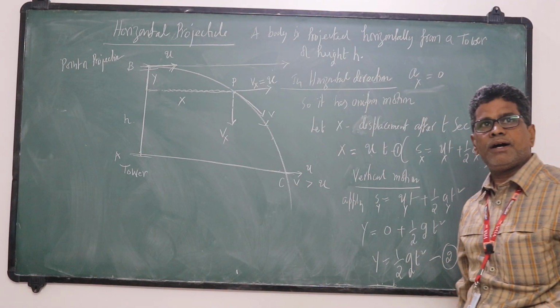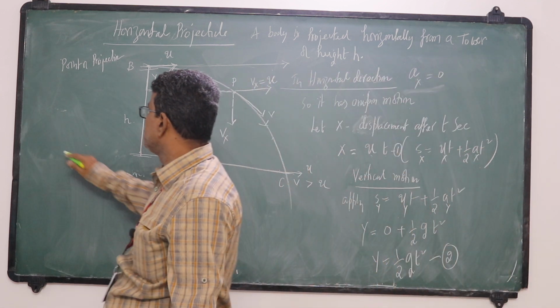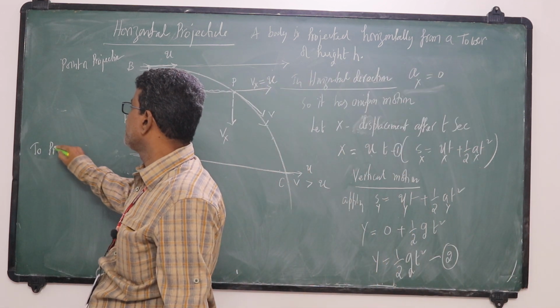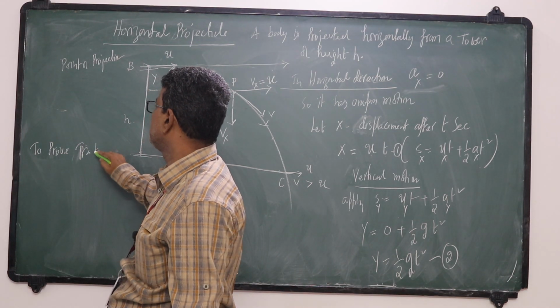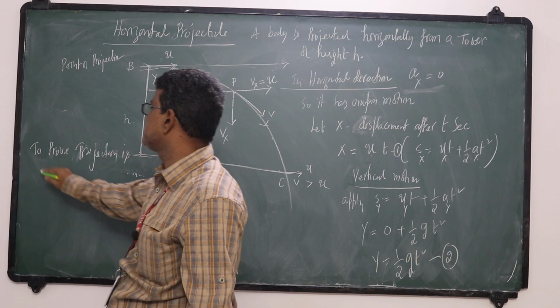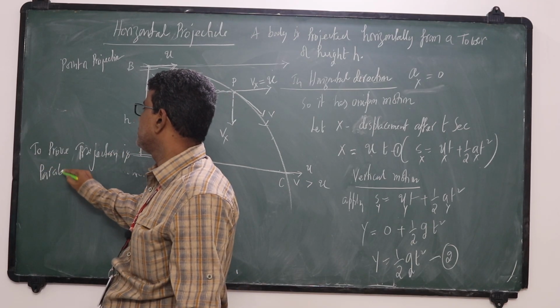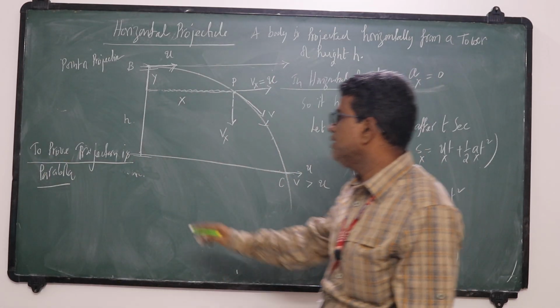You will get the path of the projectile is a parabola. How? To prove the trajectory is a parabola, eliminate t.